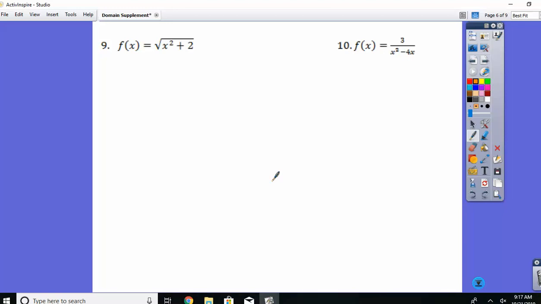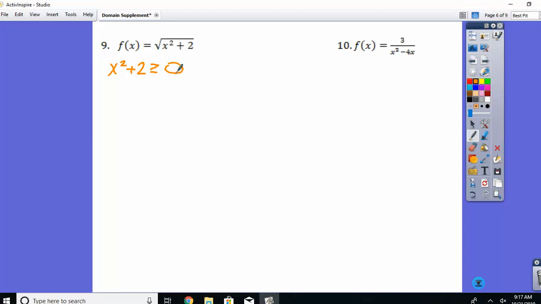This one, number 9. We have a radical. So what do we know? So x squared plus 2 is greater than or equal to 0. We can figure this out a couple different ways.